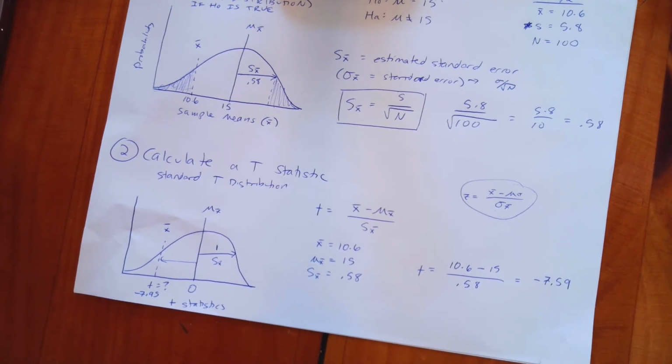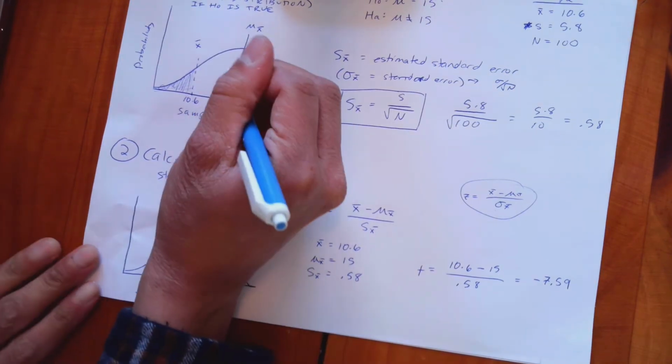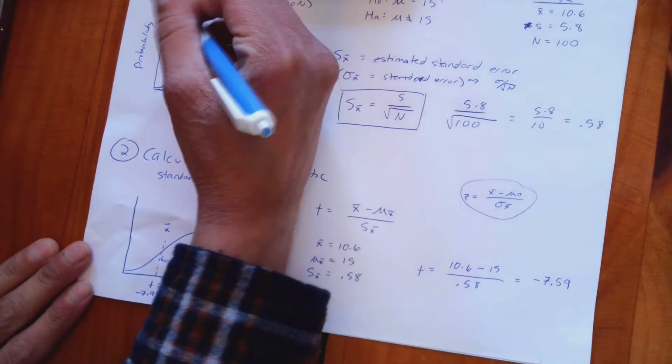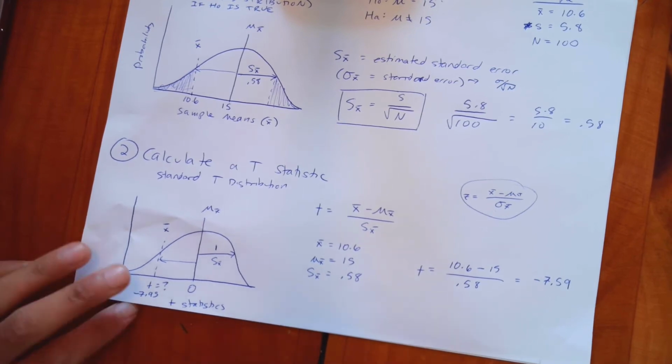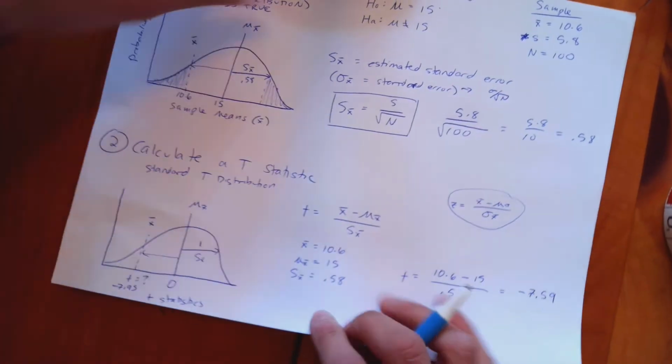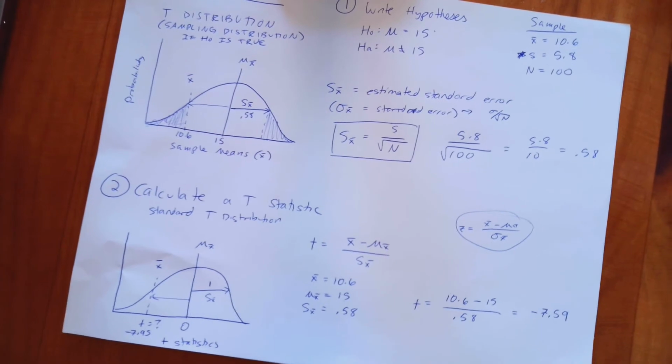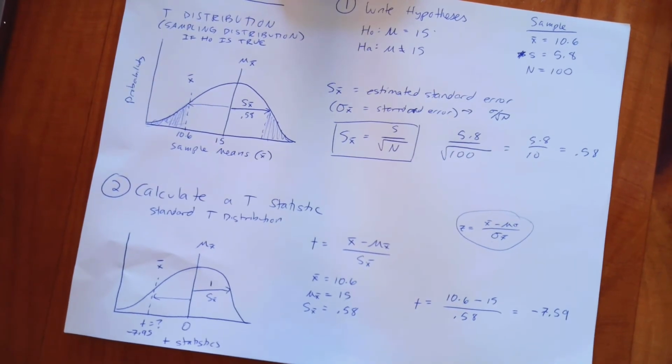So we're saying that in our t-distribution here, this sample value of 10.6, because same graph, is 7.59 standard errors away from the mean going in this direction. So your second step there is calculating the t-statistic. But now we're going to talk about what exactly we do with that.